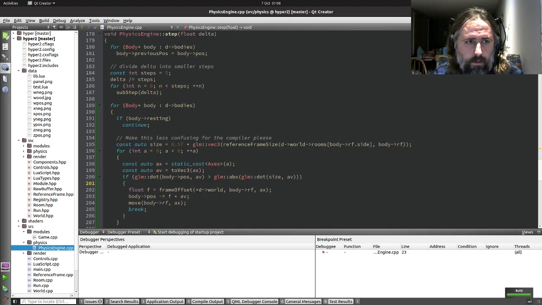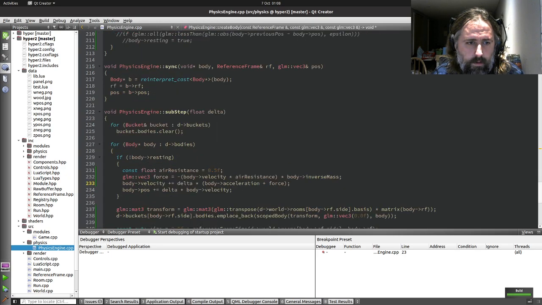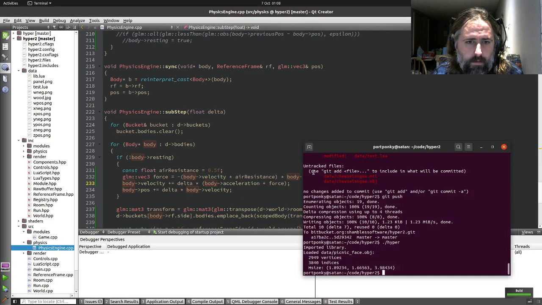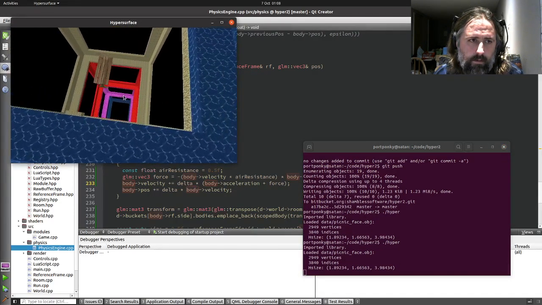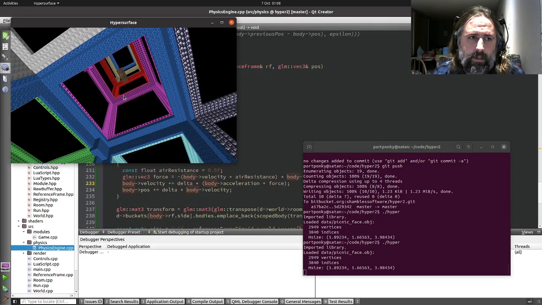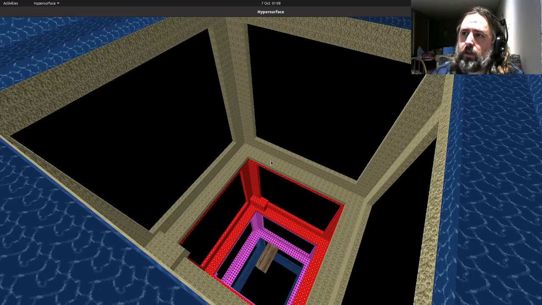And I believe the inverse mass is 1, so we can kind of ignore that for now. Yeah, it is. I believe this is a linear drag force, and thus will impact the acceleration of an object, but will not impact its maximum speed, because it doesn't matter.